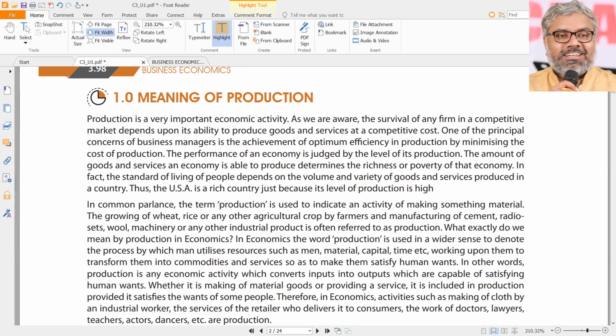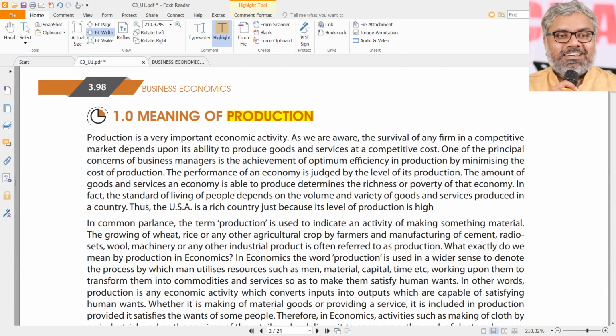It is not what we think only. Of course, that is also production. Manufacturing an article or a thing is also production. But is that the only production? No. So the simple point is, production includes manufacturing of goods and also rendering of services. That is the first point to note.